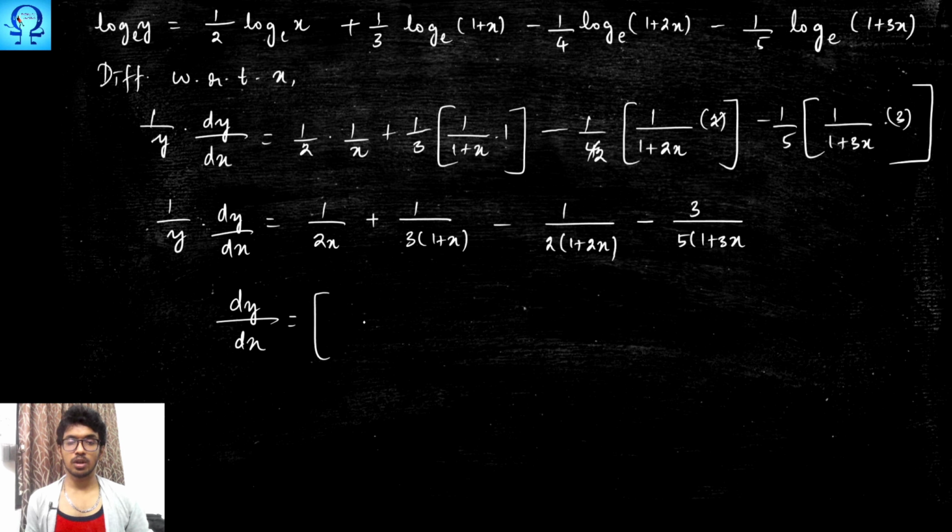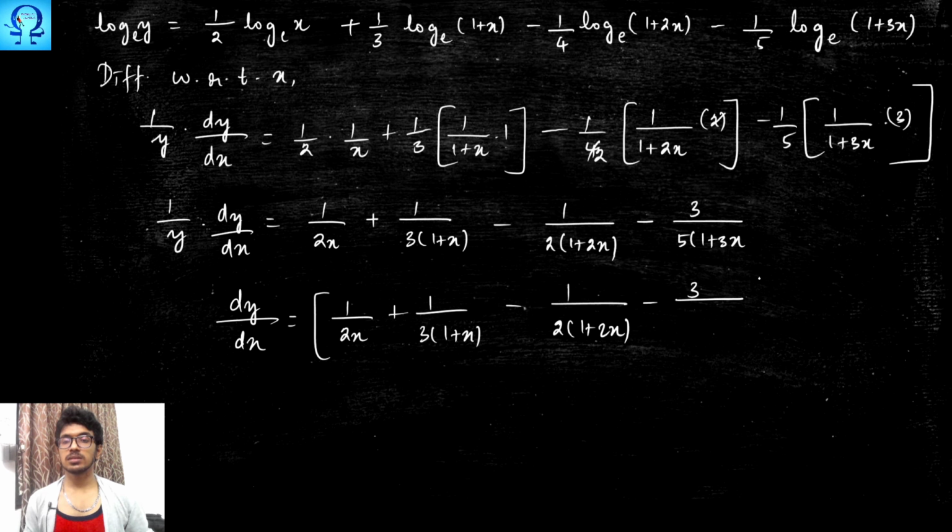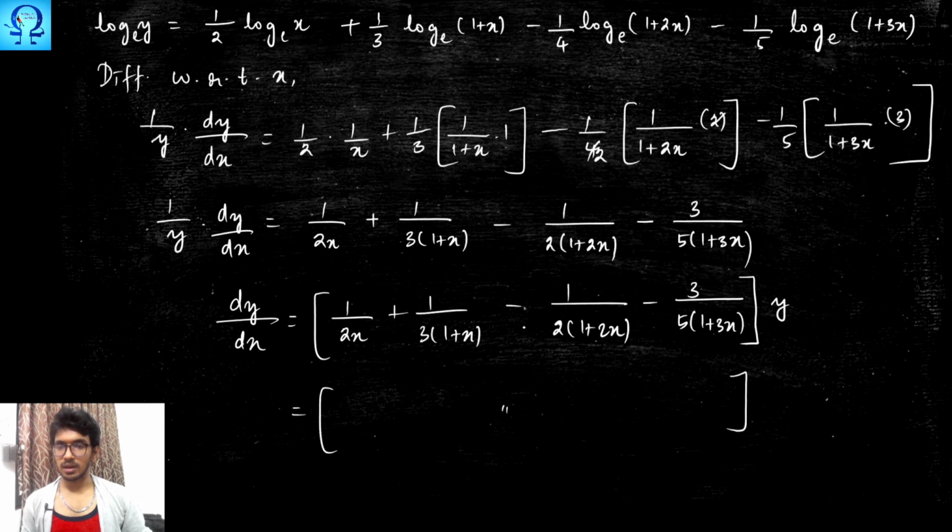So this is going to be (1/2x + 1/(3(1+x)) - 1/(2(1+2x)) - 3/(5(1+3x))), which is multiplied with y. And if you replace the value of y, so let me not write these things, let me do the ditto symbol.